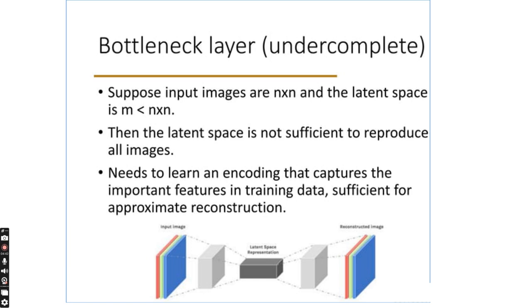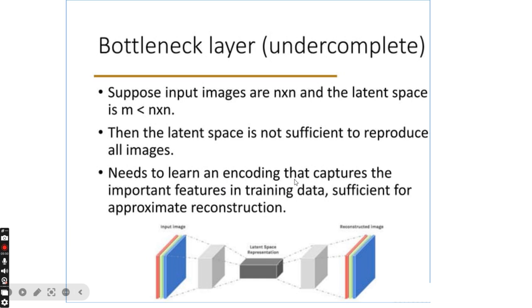Bottleneck layer. Suppose we have an input image n cross n and the latent space is m, less than or equal to n cross n. The latent space is not sufficient to reproduce all images because it is smaller than the original image.